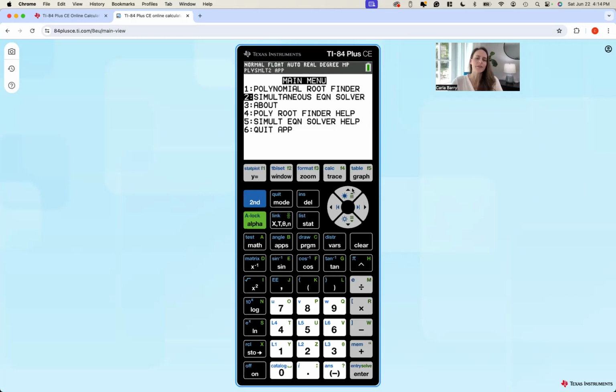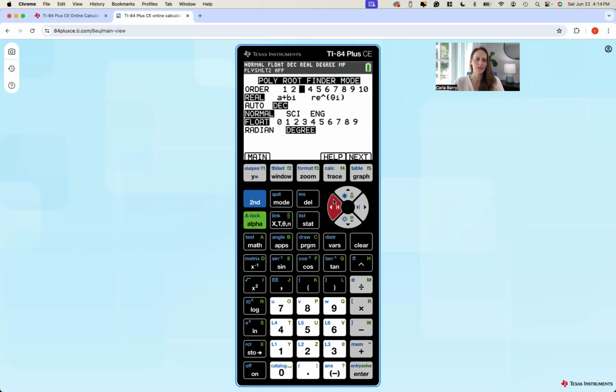Now, another rare thing that could happen in polynomial root finder. So this used to only ever really happen on the ACT, but since the SAT went digital, I'm noticing more and more that they are borrowing from the ACT. So imagine I have my order 2, and I put in numbers and it says no real solutions or no solutions found.